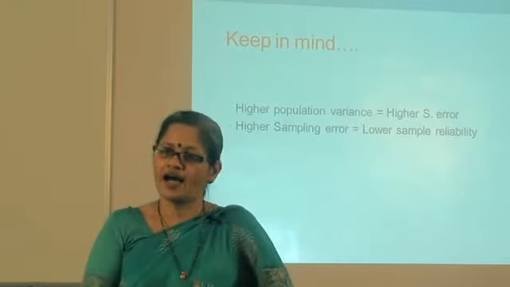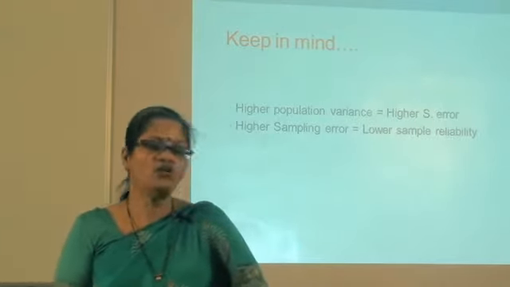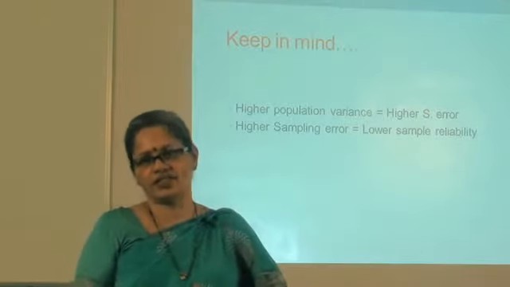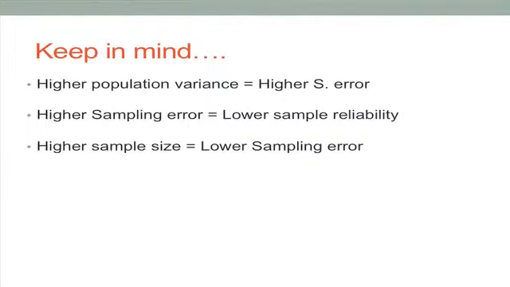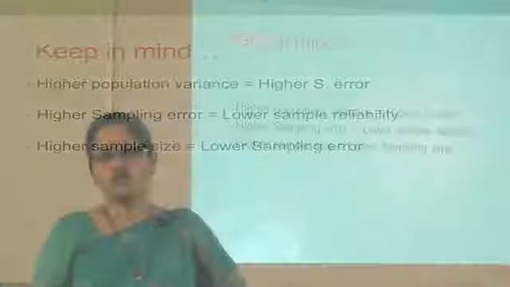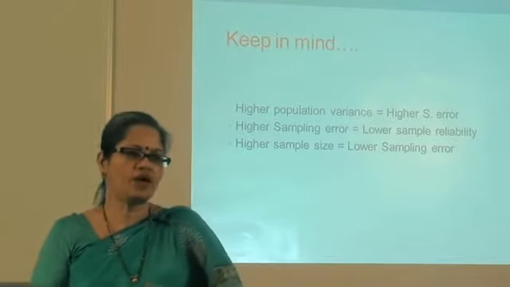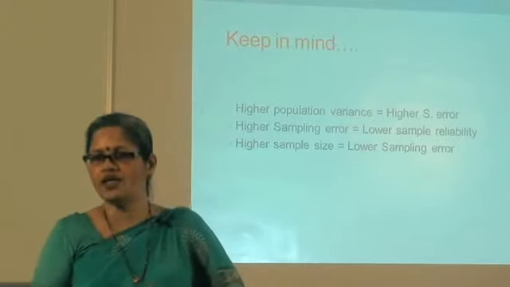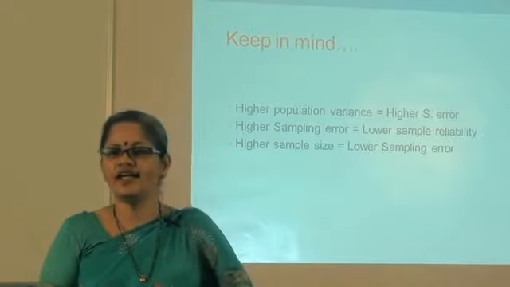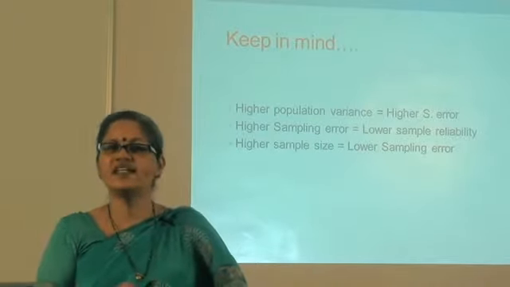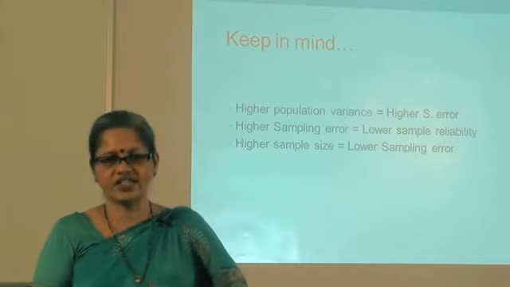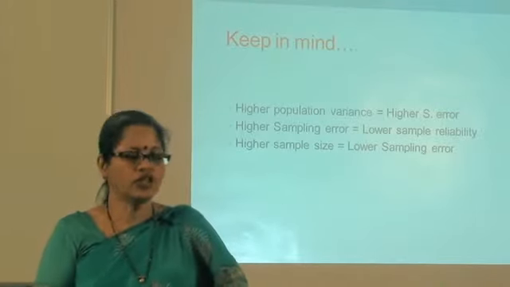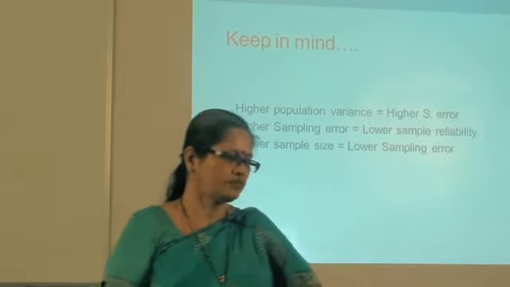So the higher the sampling error, the lower the sample reliability. The higher the sample size, the lower the sampling error. So when you ask more people, when you study more people, sampling error gets reduced. And when the sampling error gets reduced, you can go for generalization which is applicable to the total population.